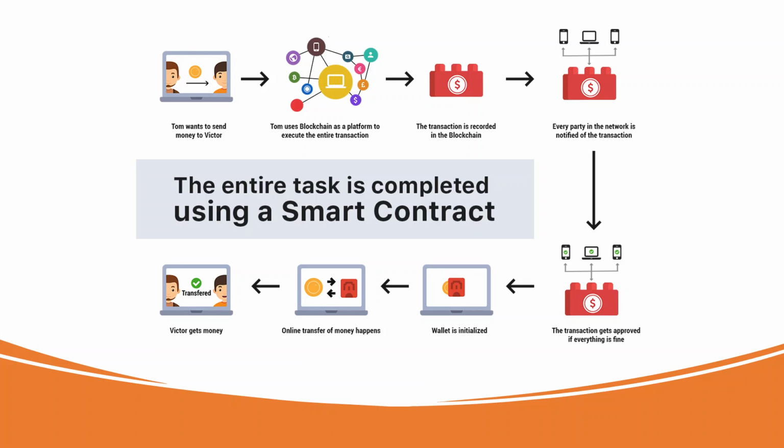Only then wallet initialization and transfer of money will happen, and in the end Victor will get his money. So all these activities are controlled by smart contracts. This is one example of a smart contract where money gets transferred from one user to another.